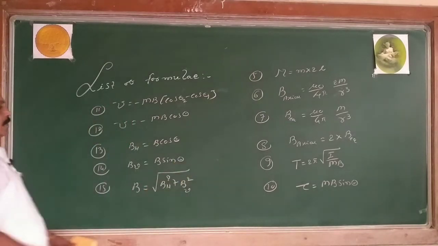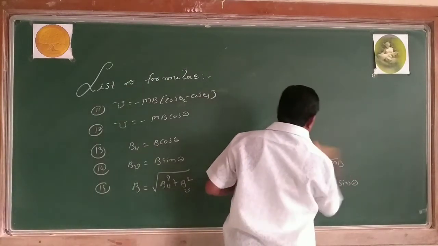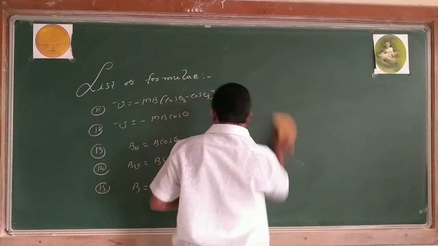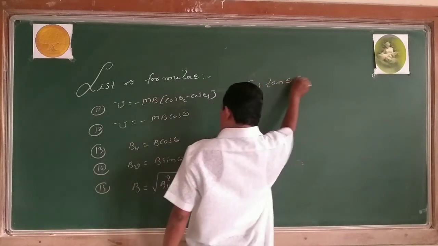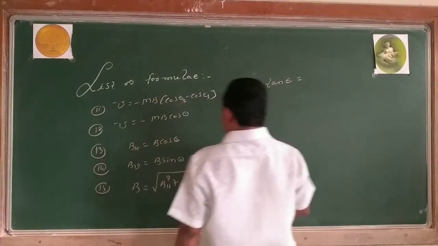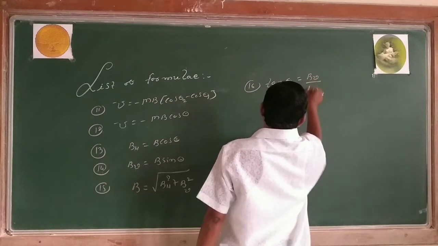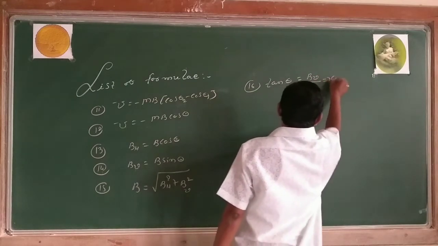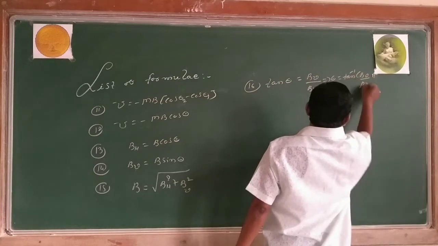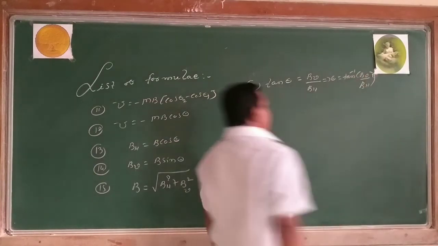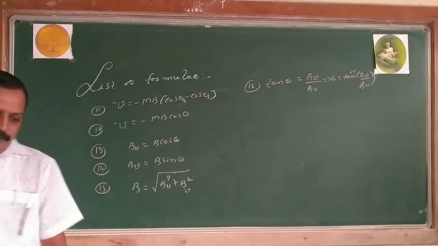If you want to calculate the angle of dip theta, tan theta equals BV by BH, which implies theta equals tan inverse of BV by BH. Correct, sir? Right.